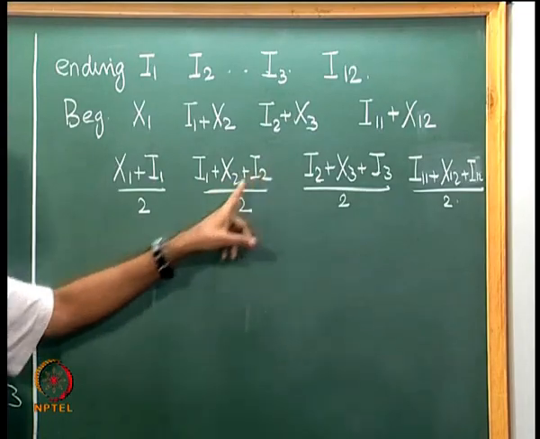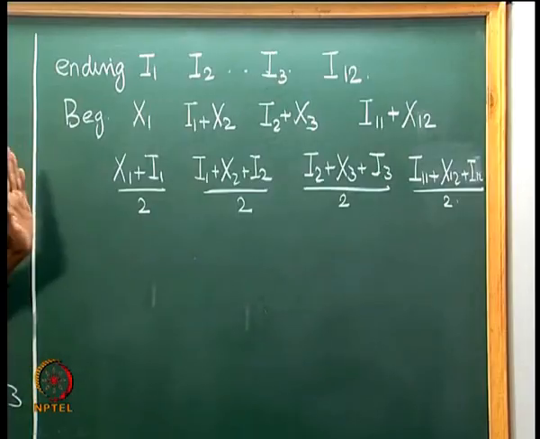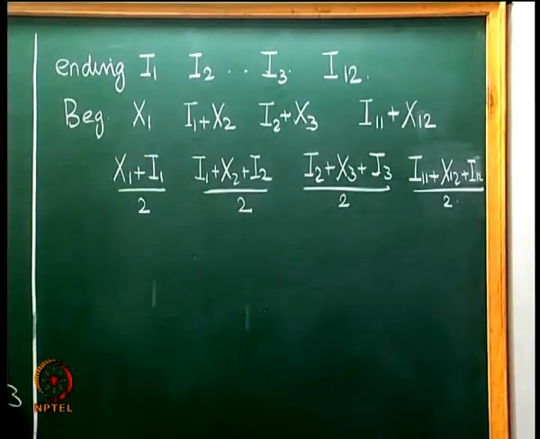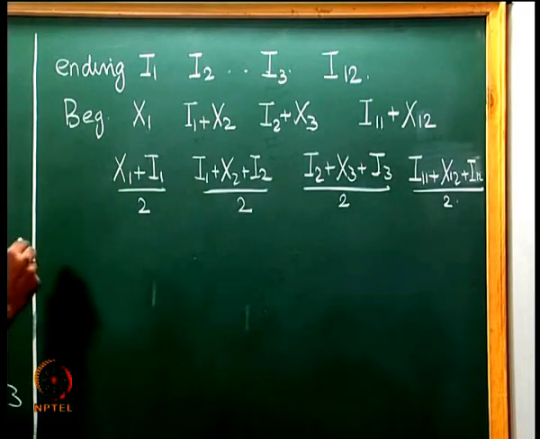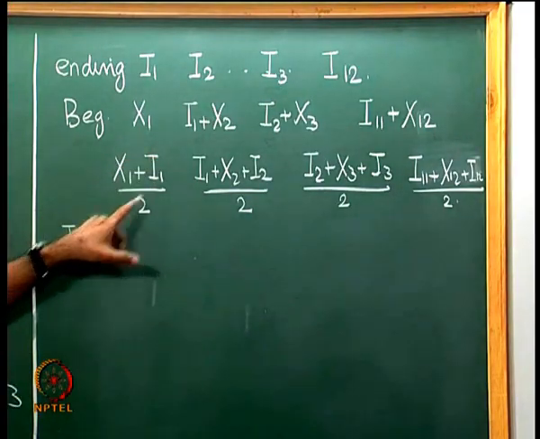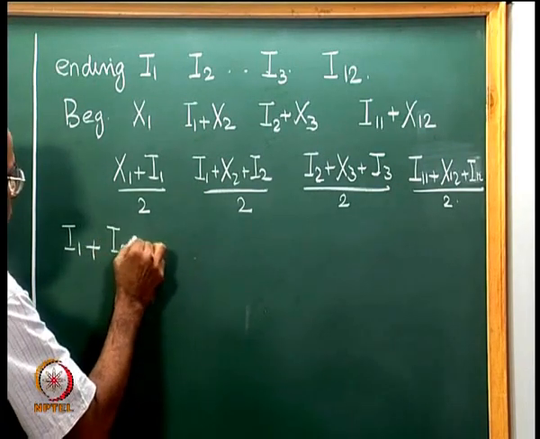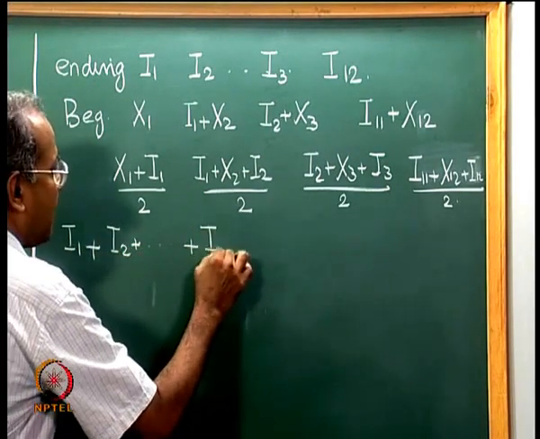Similarly, I2 divided by 2 appears twice. So when we take only the I1, I2 up to I12 terms, we will have I1, because I1 divided by 2 plus another I1 divided by 2, so I1 plus I2 plus up to I11.